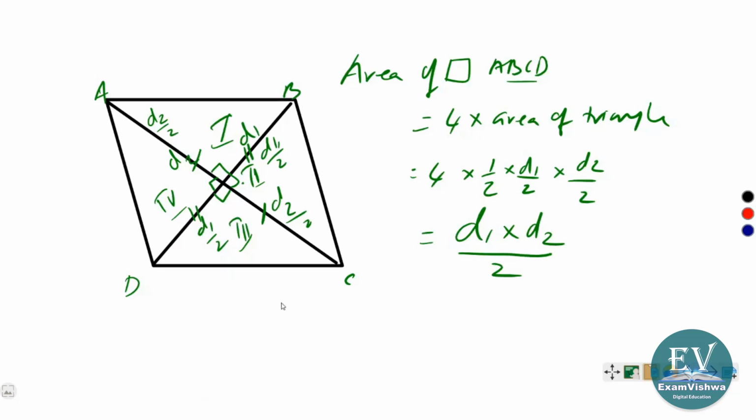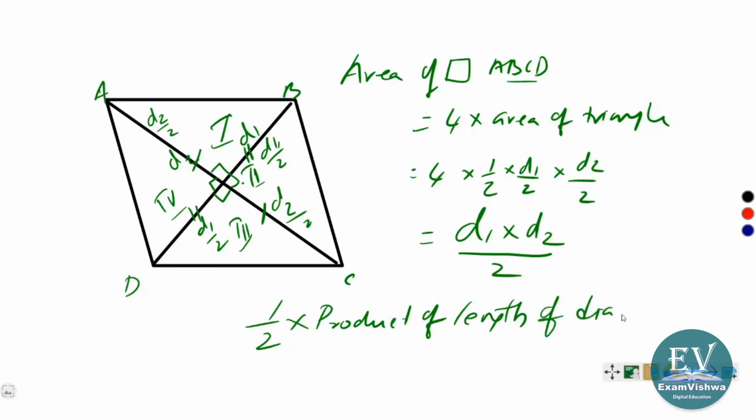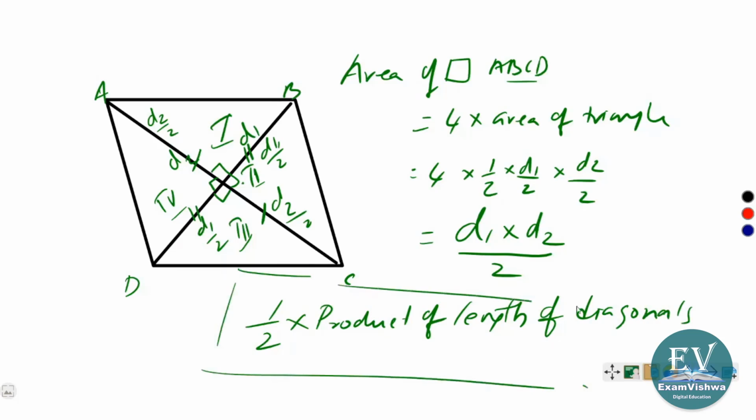So we wrote half into the product of length of diagonals, where d1 and d2 are diagonals. This is the formula to find out the area of a rhombus. The area can be calculated by half into the product of length of diagonals.